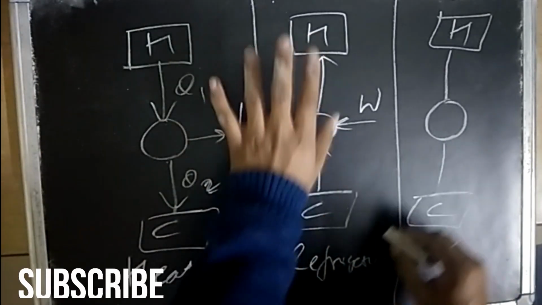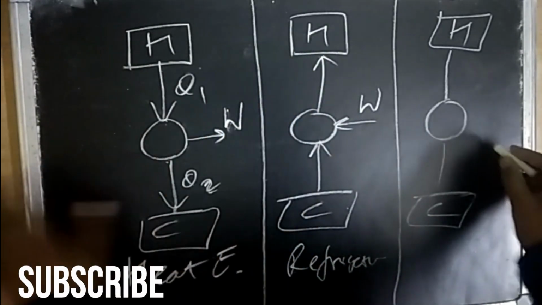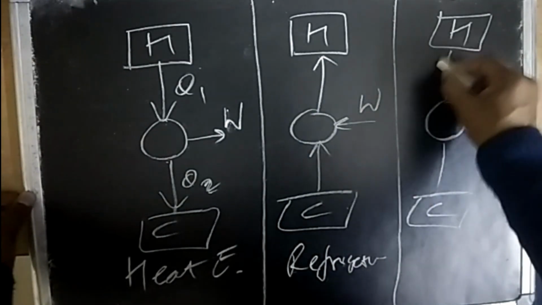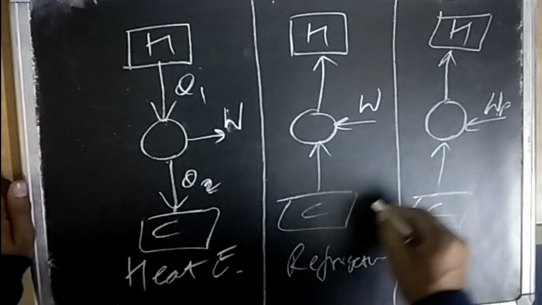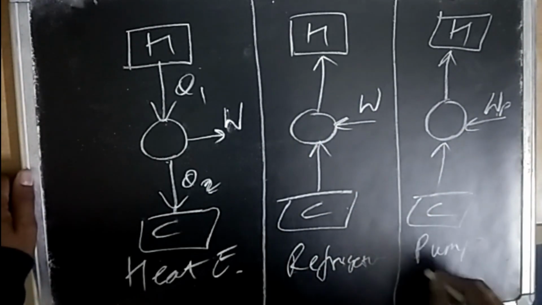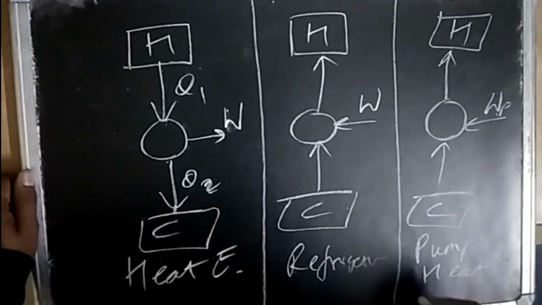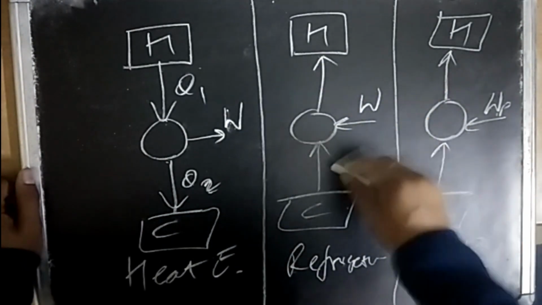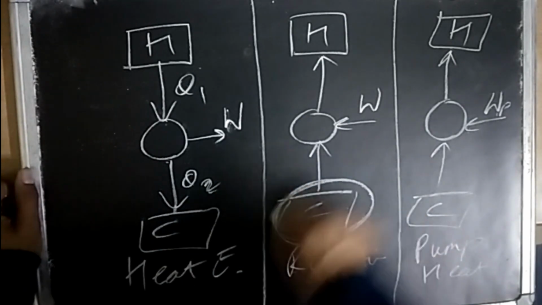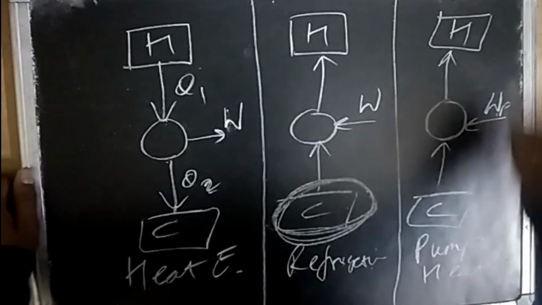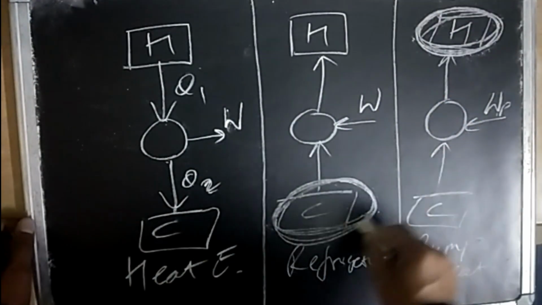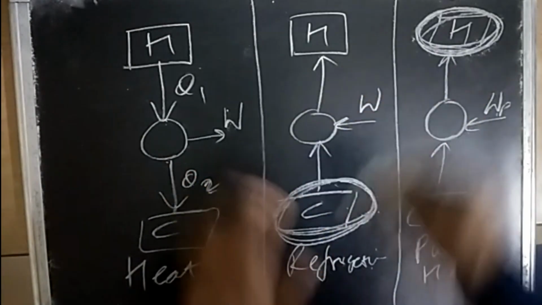Now going in the same direction, here you might feel this might confuse you a lot, like this is also a heat pump. This is also the same. So what is the difference between refrigeration and heat pump? In refrigeration, my aim is to maintain this C, and in heat pump my aim is to maintain this H, the hot reservoir. Maintain cooling, here maintain heating. That's why all these things are done.